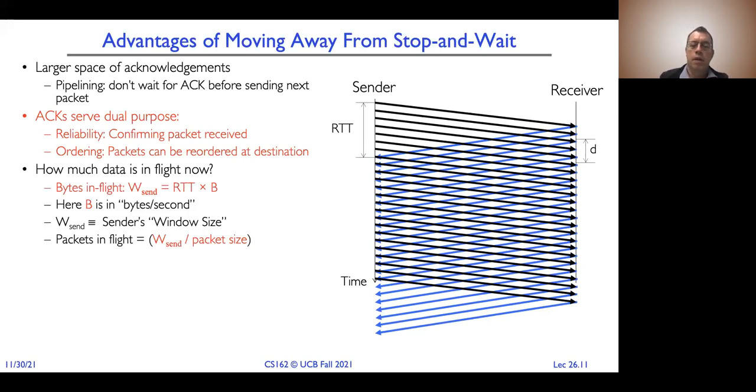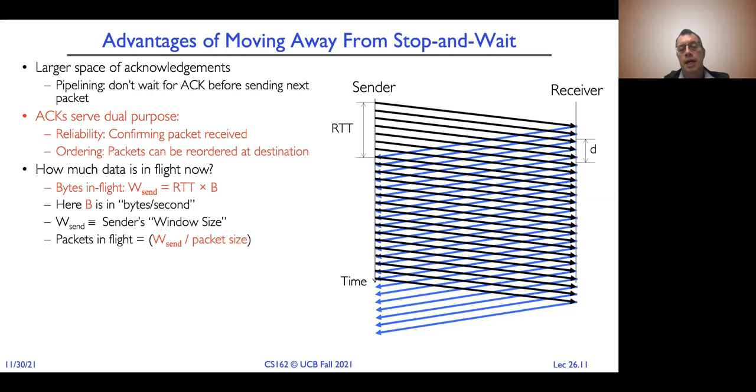Now, if you have this, the natural way to implement this protocol is to have what is called a window. A window is how many packets or how many bytes you can send without hearing an acknowledgement.